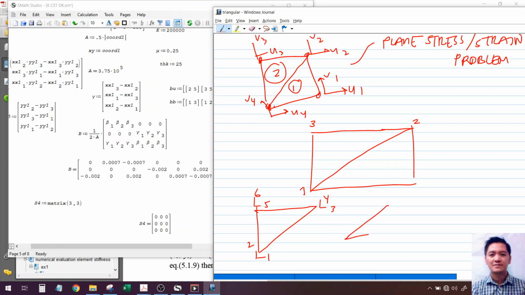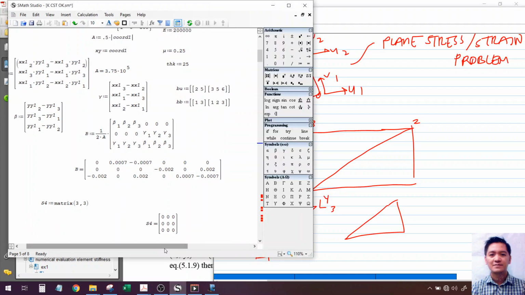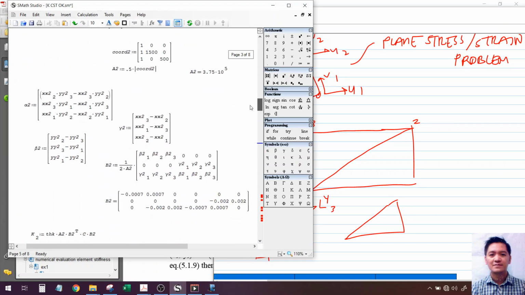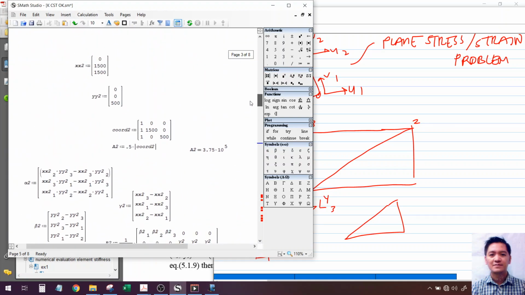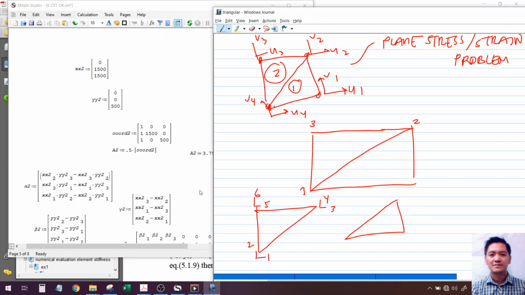Okay, while here, for element 2, check ko lang yung ano. Element 2: 0, 1500, 1500. 0, 1500, 1500. 0, 0, 500. So, ito naman yung ginawa kong direction pag ganun, no?